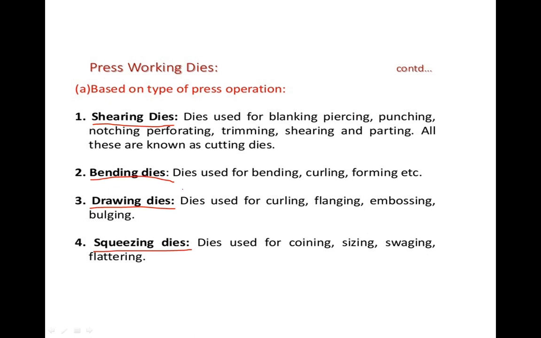If the dies are used for bending, forming or curling operation, then they are known as bending dies. If the die is used for drawing operation, then that is called the drawing die. And coining and sizing, swaging and flattening operations are carried out on the dies, and that particular die is known as squeezing die.